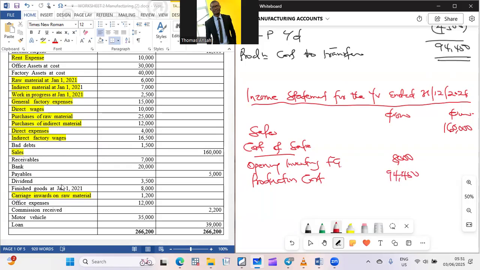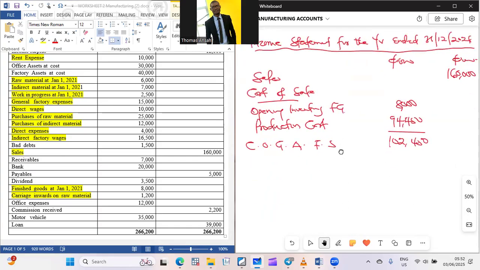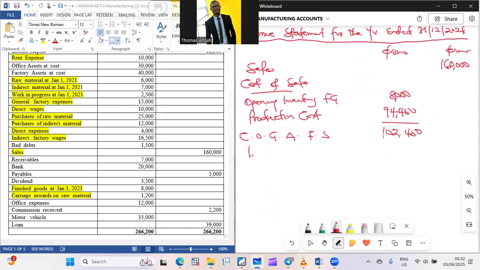Were they buying from external, so purchases of finished goods? We don't have anything like that, right? If they were buying, we will bring it. So this becomes our cost of goods available for sale. So let me add the 8,000. That's 102,450. So cost of goods available for sale, with less closing stock of finished goods.